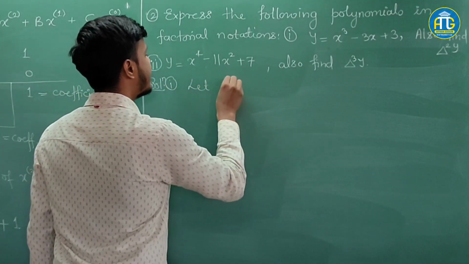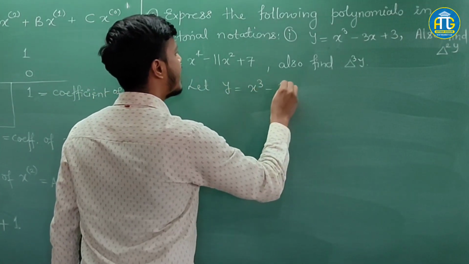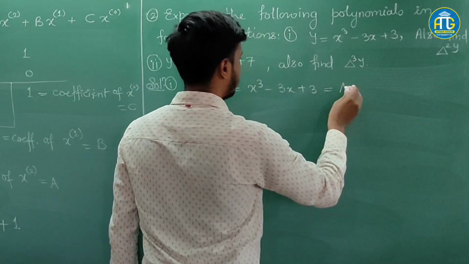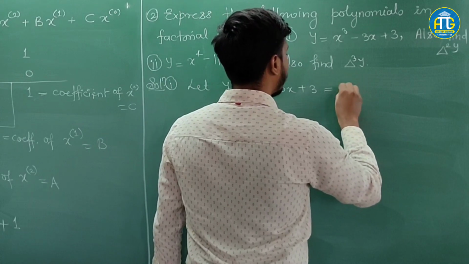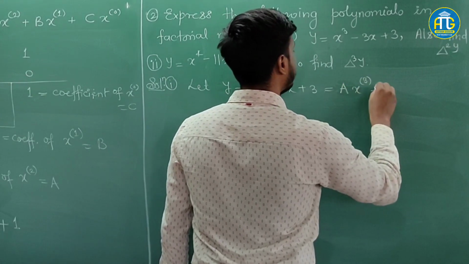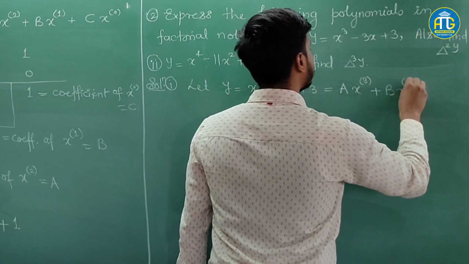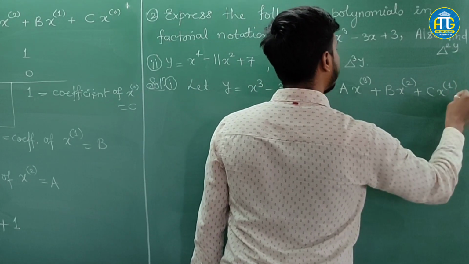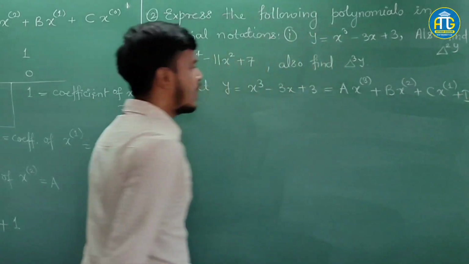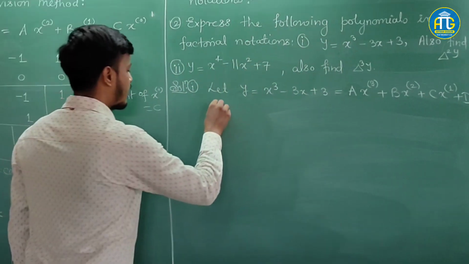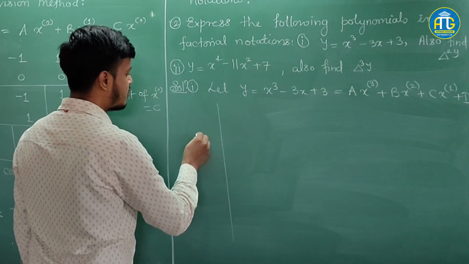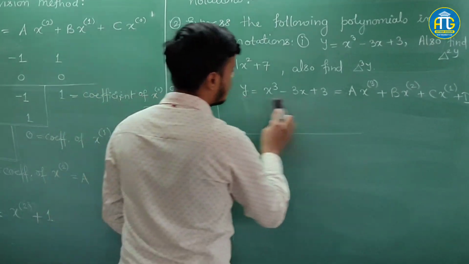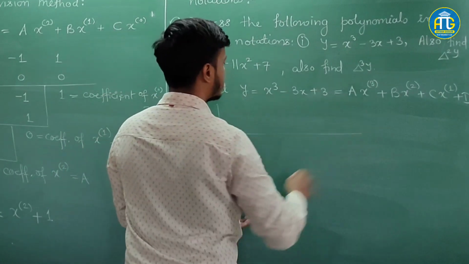Let y is equal to x cube minus 3x plus 3 is equal to a x raised to 3 factorial plus b x raised to 2 factorial plus c x raised to 1 factorial plus d. Okay, now do the synthetic division method. So what are the coefficients that we have?